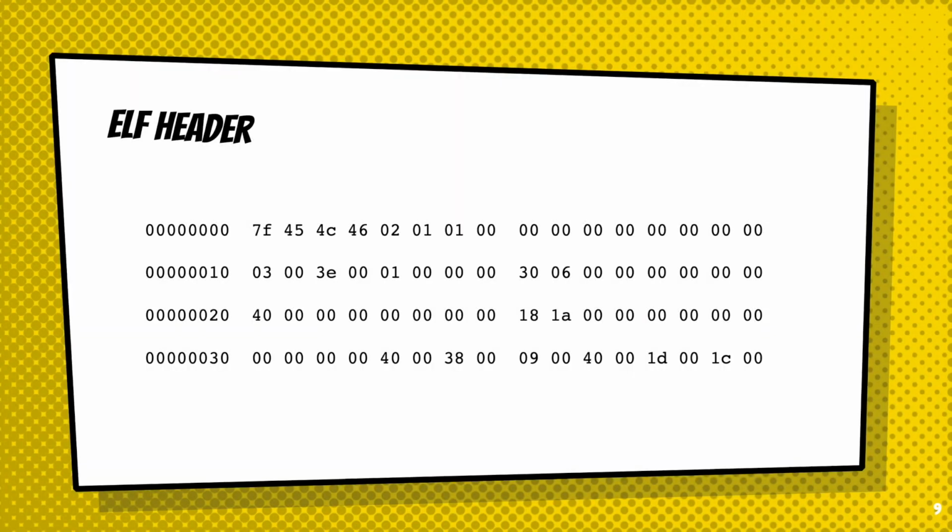Let's take a look at an example of an ELF header. The ELF header occurs at the beginning of an ELF binary. Here, what I'm showing is the first 64 bytes of an ELF. Usually, 64 is the length of the ELF header for a 64-bit ELF binary. The left-hand side numbers are the offsets of the bytes in the ELF binary, and the middle and right parts are the bytes of the actual ELF.